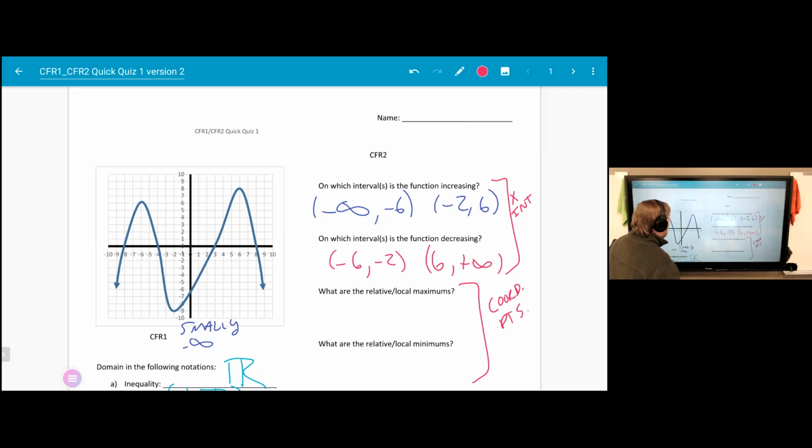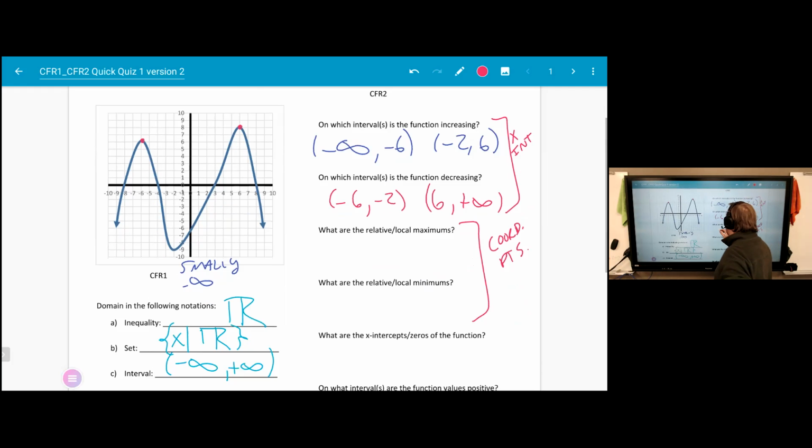And what are those coordinate points? A relative or local maximum is the top of a hill where it goes from increasing to decreasing. There's that value right there. I've also got another one here where it goes from increasing to decreasing. I need to report the Y value and the X value. So how I like to write this, so I remember that I'm doing coordinates, is 6 at X equals -6. You could have also written -6 comma 6 here. Again, that's a coordinate, not an interval.